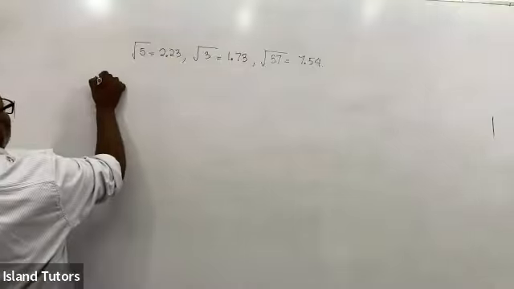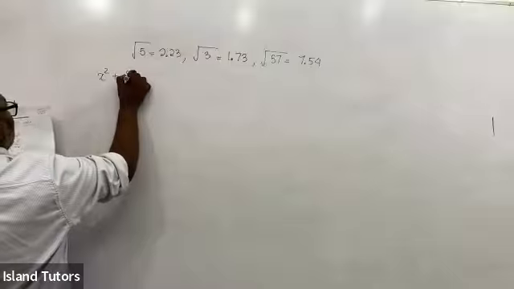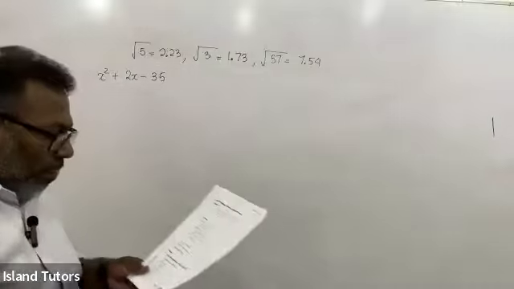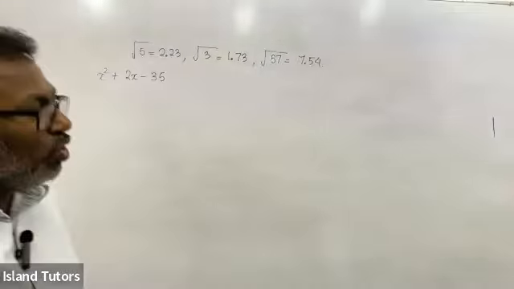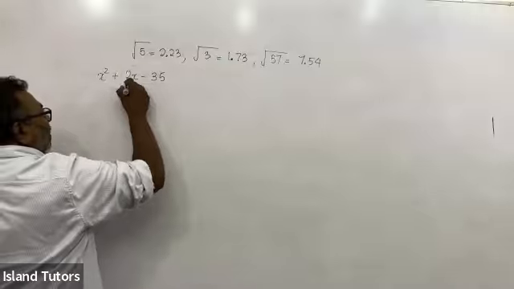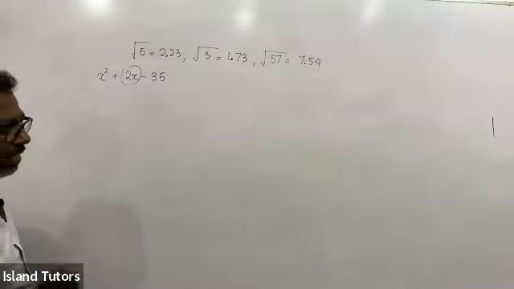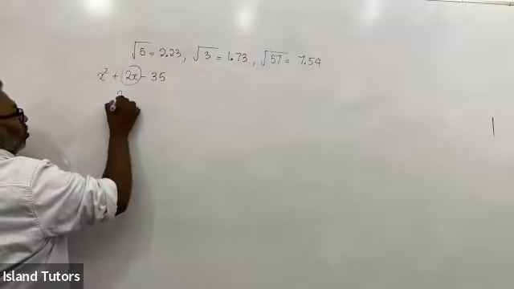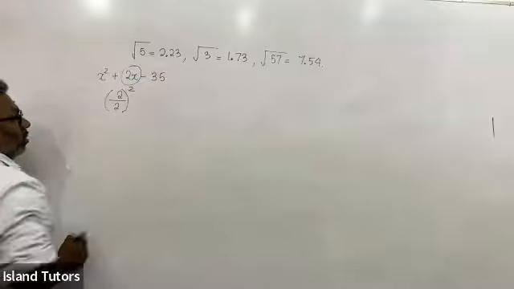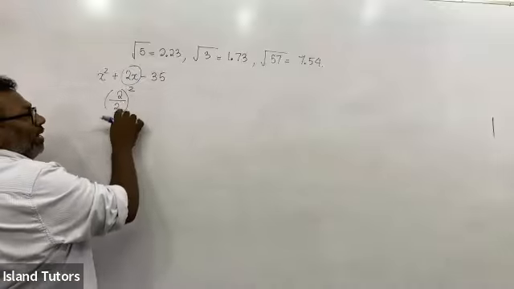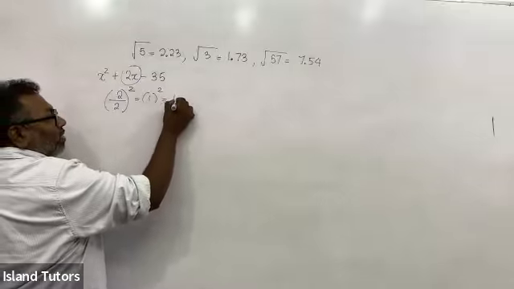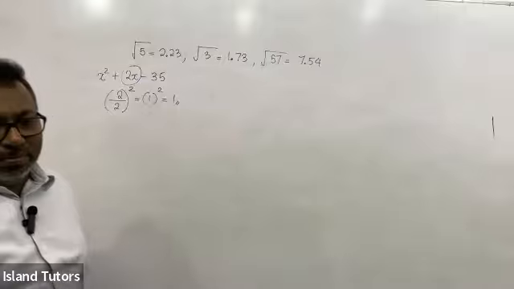Quadratic equation x squared plus 2x minus 35. So how do you solve this? What do we need to do? You need to take the middle term, so that is 2 divided by 2, squared. So 2 divided by 2 is 1, squared, you're getting plus 1.